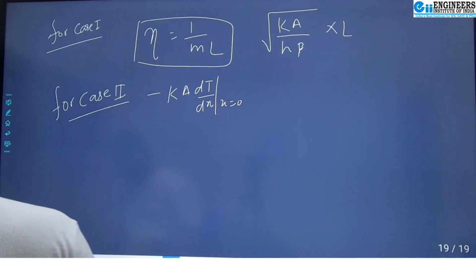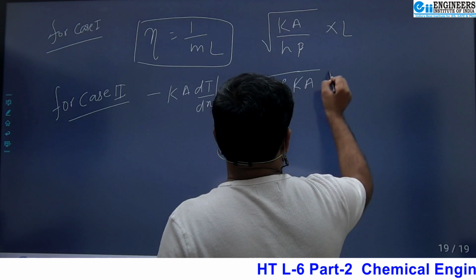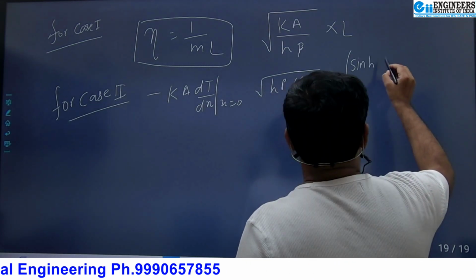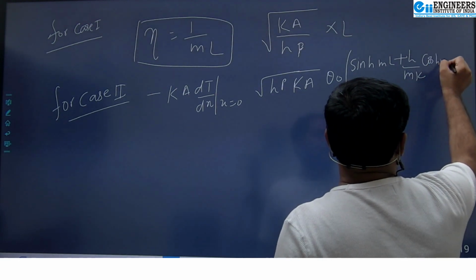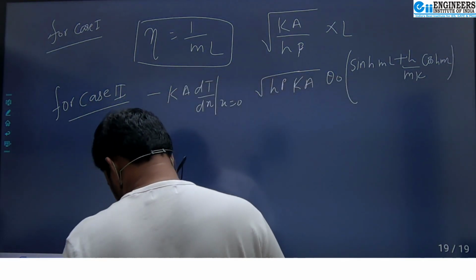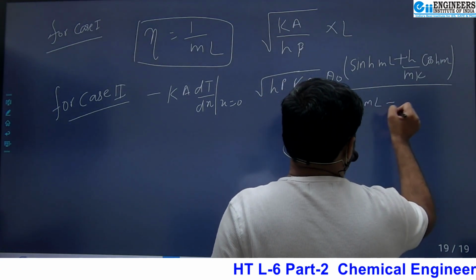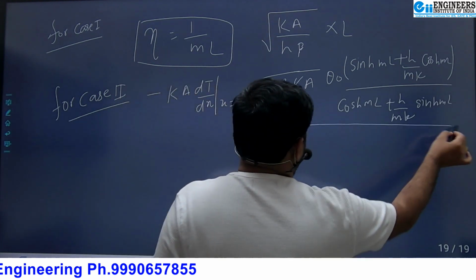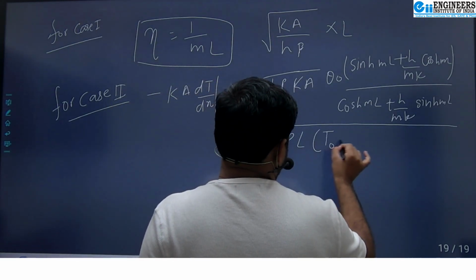That big relation is root(hPkA) theta naught into [sinh mL plus (h by km) cosh mL] divided by [cosh mL plus (h by mk) sinh mL], divided by the ideal case heat transfer, which is nothing but hPL(T0 minus T infinity), or theta naught.